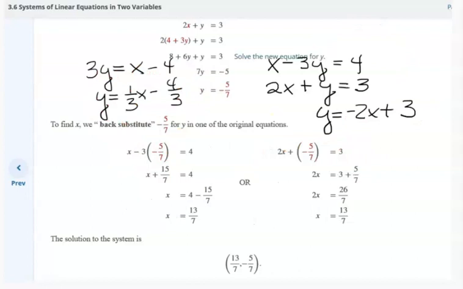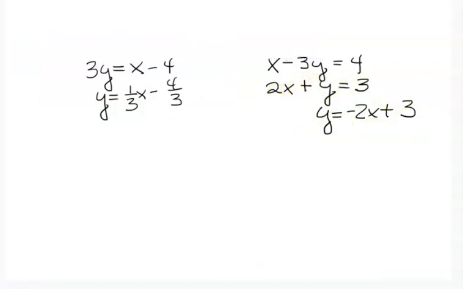Now, I said I'd show you another way of doing this. And going back to our whiteboard, now what I've done here is I've solved each equation for y. So this equation I solved for y. This other equation I've solved for y.